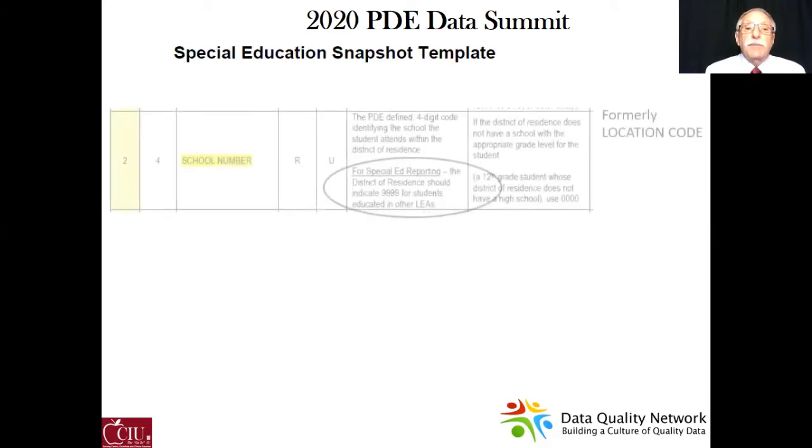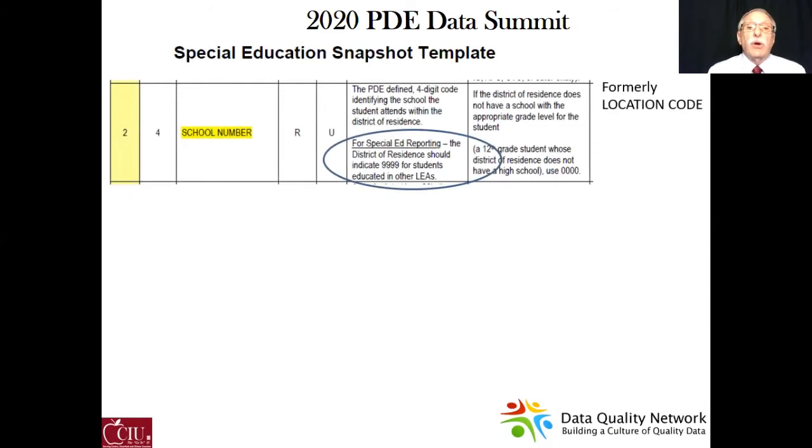Looking at the special education snapshot template, field number 2, school number, just like on the student template, it's going to be quad 9 whenever a special ed child is being educated someplace other than his home district.